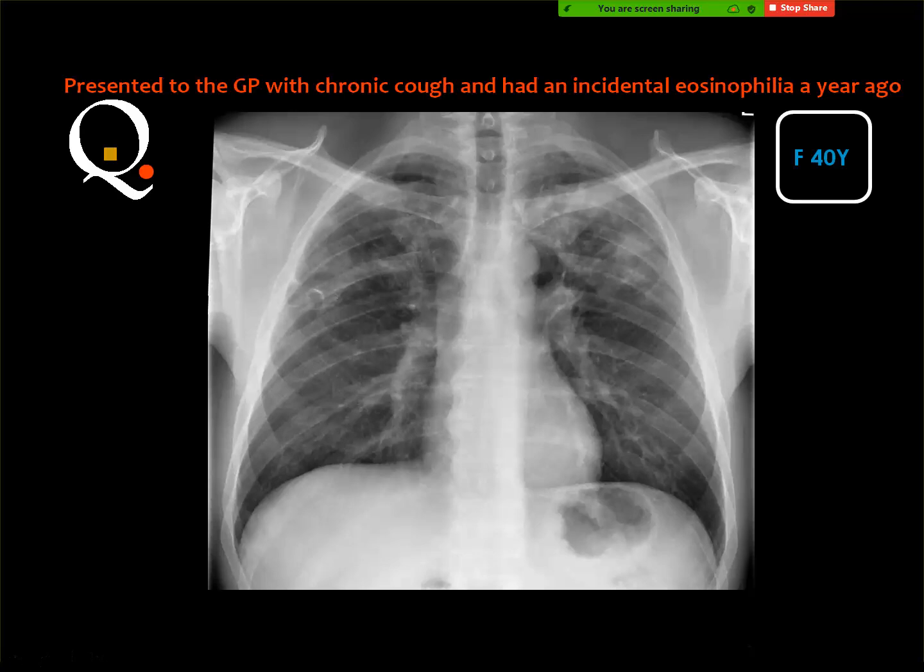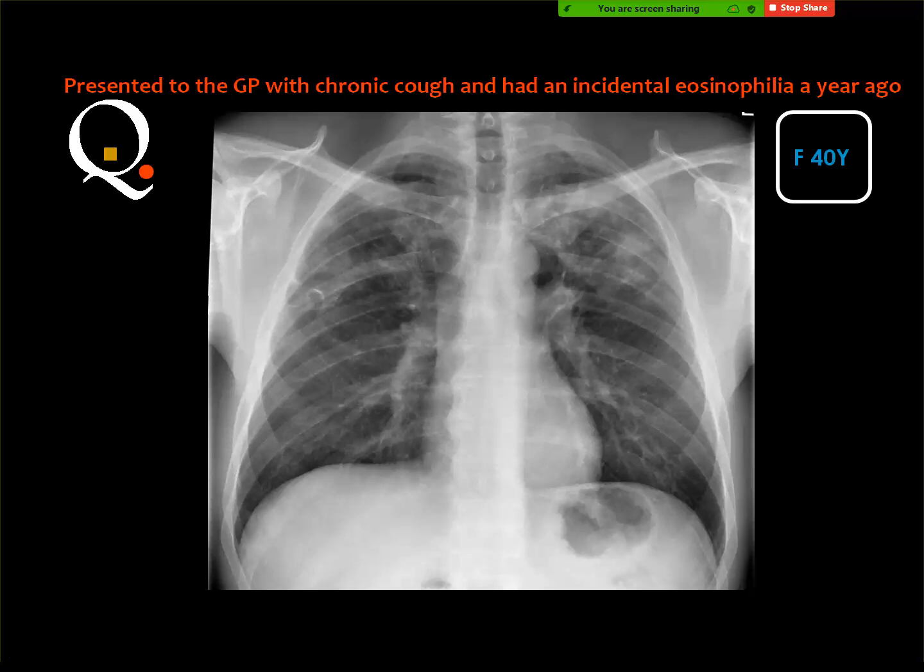This patient had a chronic cough and incidental eosinophilia. I didn't give any choices for this case. I don't know why, but you may answer the question if you can.